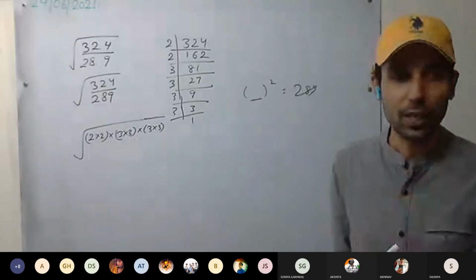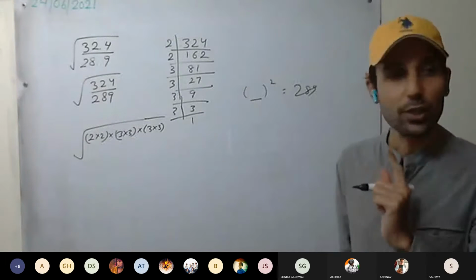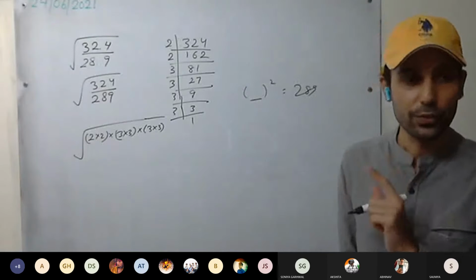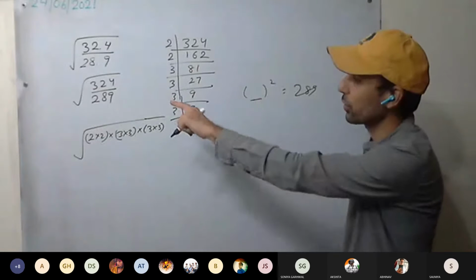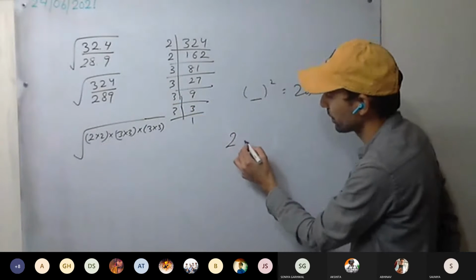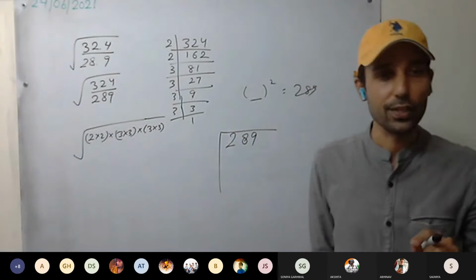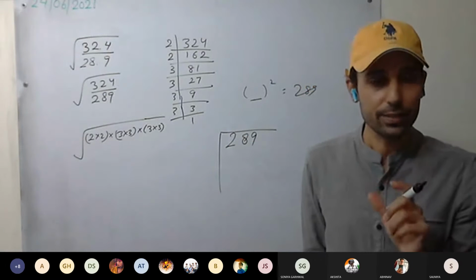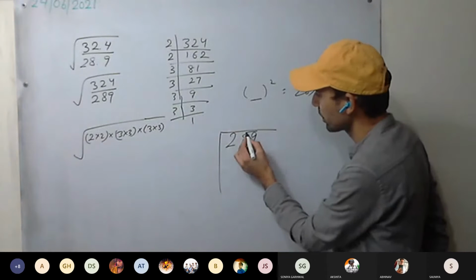If you are not able to figure out, it is 17. If you are not able to figure out, we'll go with the long division method. Okay. For example, we are not able to figure out the square root of 289. So what do we do? Go with the long division method. Whenever you are not able to figure out the square root of any number, go with the long division method.